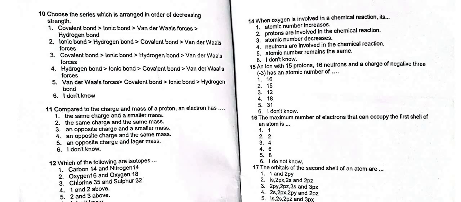Daniel, you were saying it should be number 3. Why 3? I was saying 3. So covalent is the strongest, yes. Then how about the strength in between ionic and hydrogen bonds? How do you explain it?